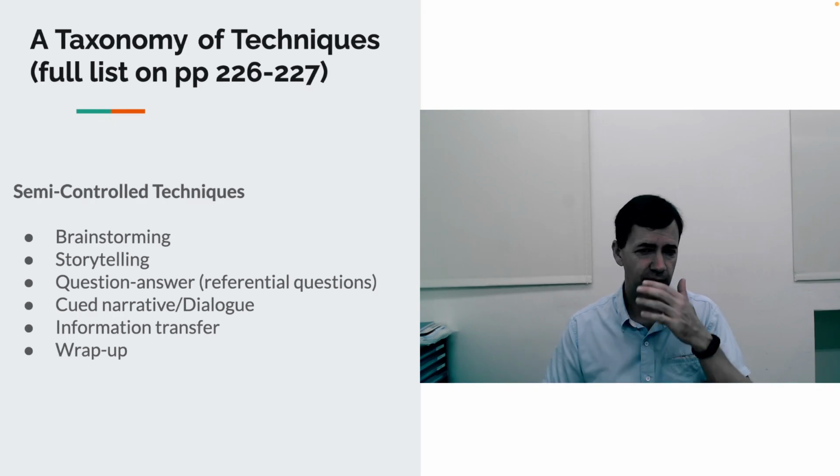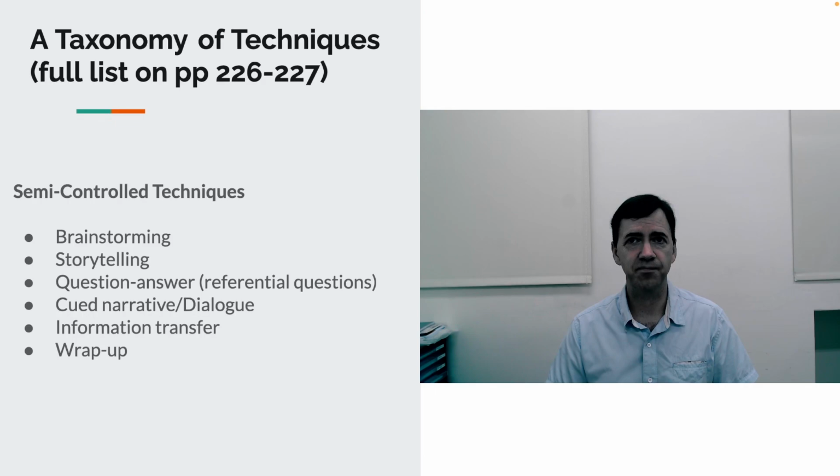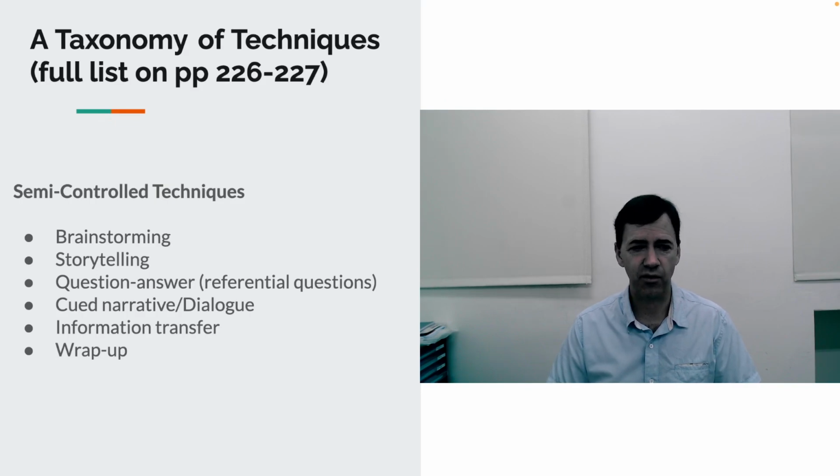Question and answer again, but this time referential questions. So these are your deeper questions in which I don't know the answer probably, and students maybe need to explain. Cued narrative dialogue. So again, I give you cues and then you create your own dialogue. Information transfer and then wrap-ups.